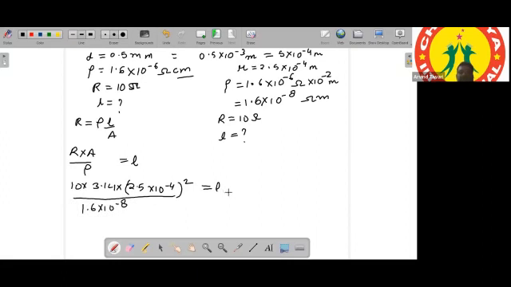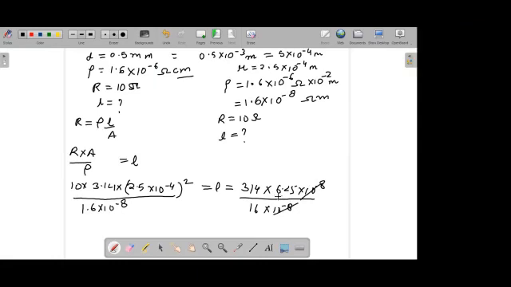In the next step, you have 314 multiply 6.25 multiply 10 to the power minus 8 divided by 16 multiply 10 to the power minus 8. So 10 to the power minus 8 vanishes, and now you just need to multiply and divide. So multiply 314 into 625 divide by 16.